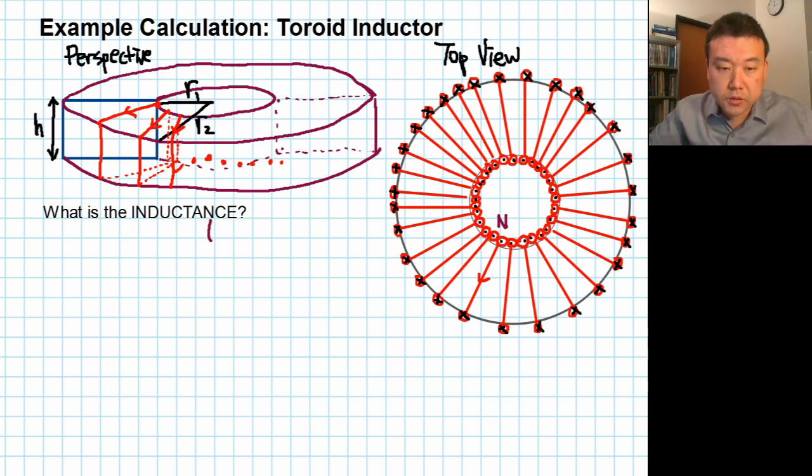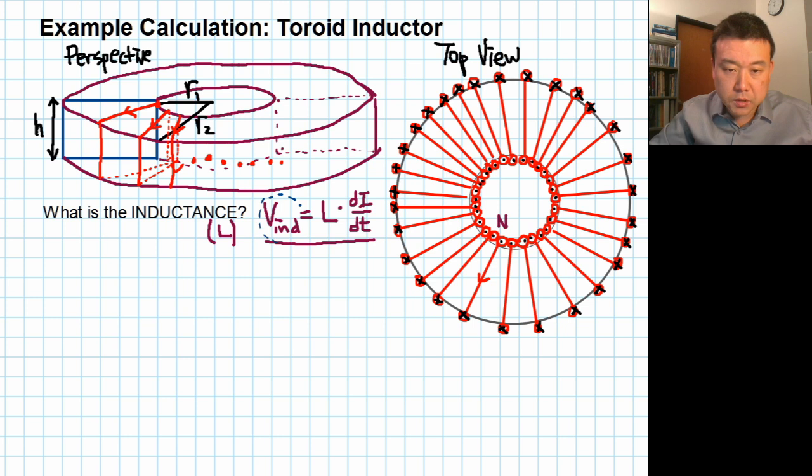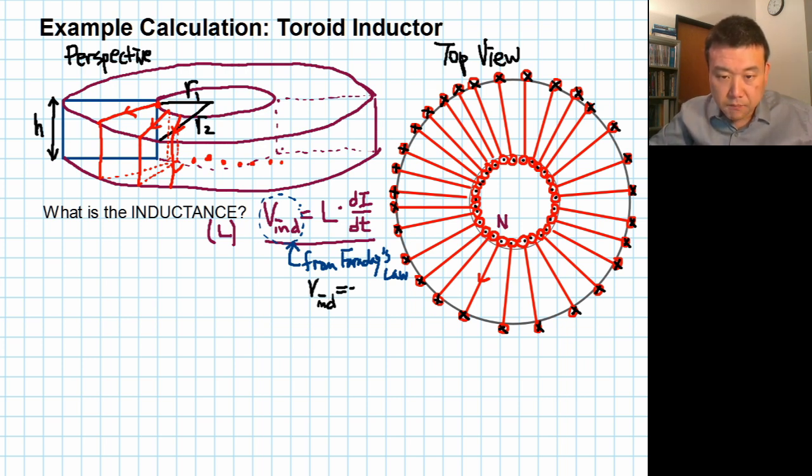The way inductance L is defined is through this defining relationship, that the induced voltage is equal to the inductance L times rate of change of current. This voltage, remember, is going to come from Faraday's law, which says that the induced voltage is equal to minus rate of change of the magnetic flux.